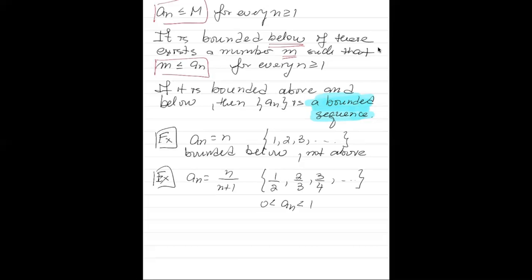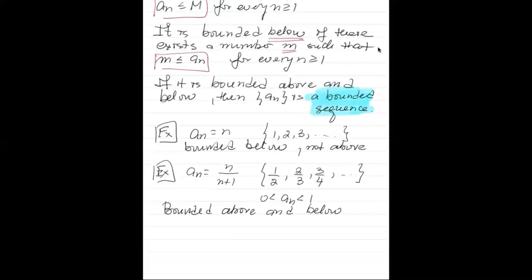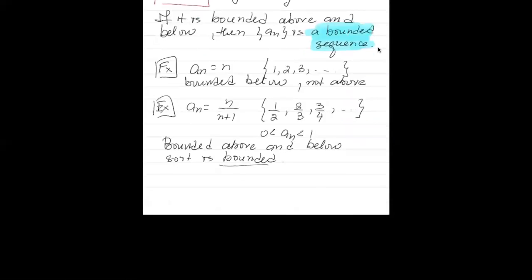So this sequence is bounded above and below. So we have little m and big M, so it is bounded. This is a bounded sequence.